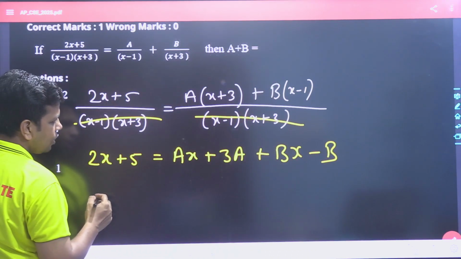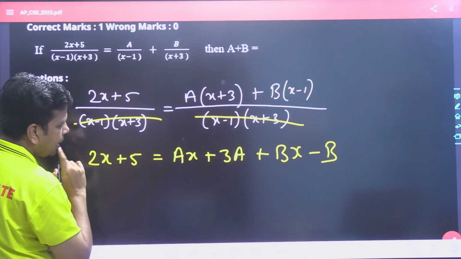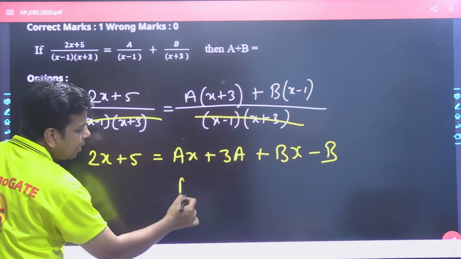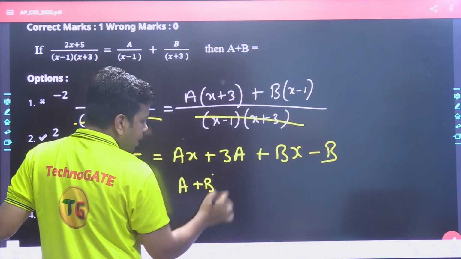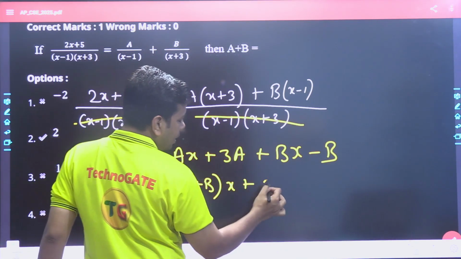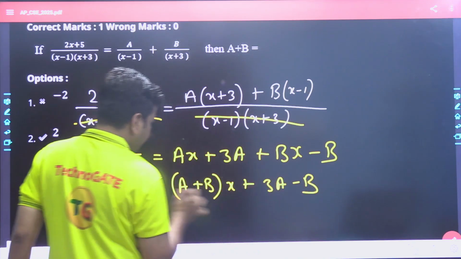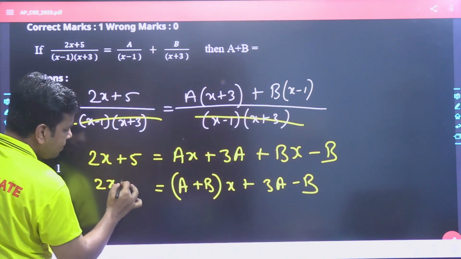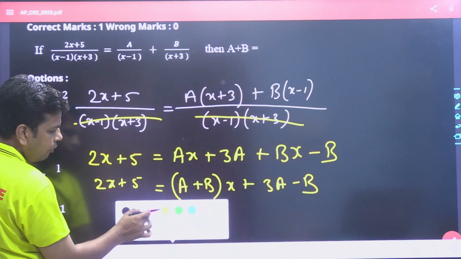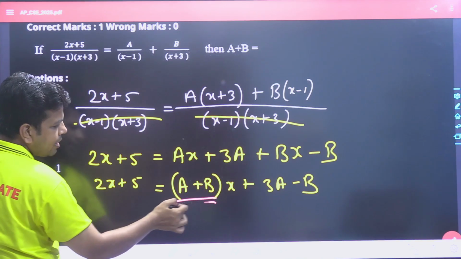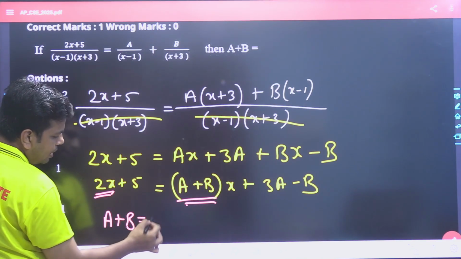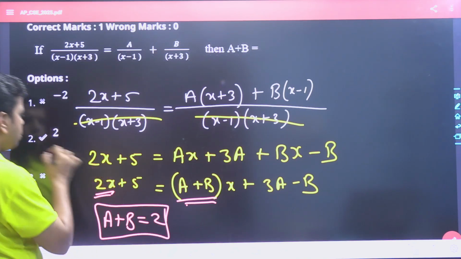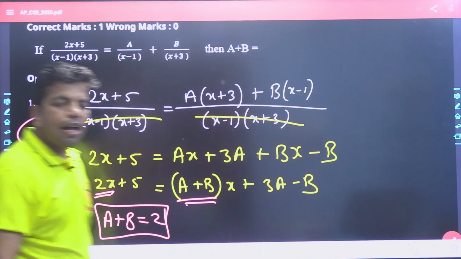Clearly see, we are taking common x, the other side is 2x plus, compare the coefficient of x.